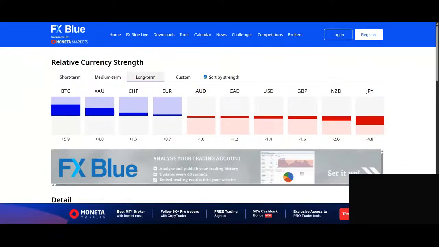I hate them. I hate EURGBP with passion. Like, what do you mean you trade?